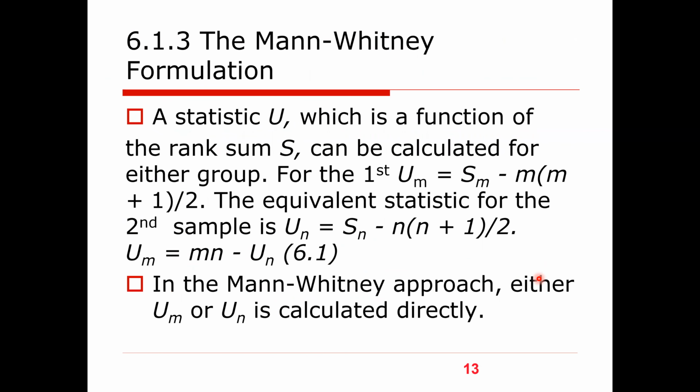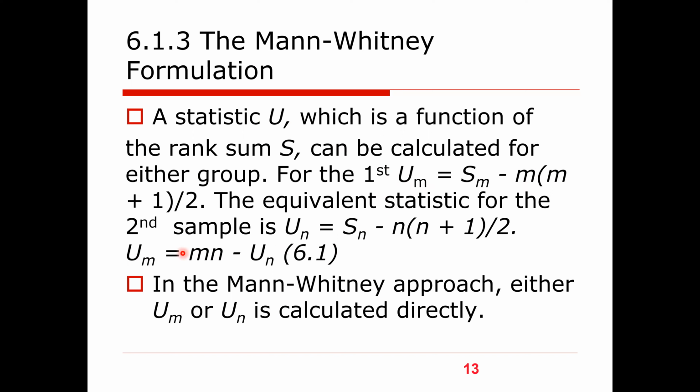So then let's introduce a test statistic for the Mann-Whitney formulation, the big U. The big U, which is a function of the rank sum S and sample sizes M and N, can be calculated using this equation here. So UM and UN have a mathematical relation like this.